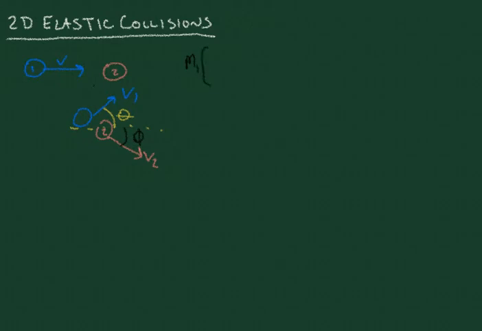So initially, we just have mass 1 moving to the right with some velocity v. So its x component is v and its y component is 0. Okay, after the collision, now mass 1 is moving with a velocity v1. The x component is v1 cosine theta. The y component is v1 sine theta.